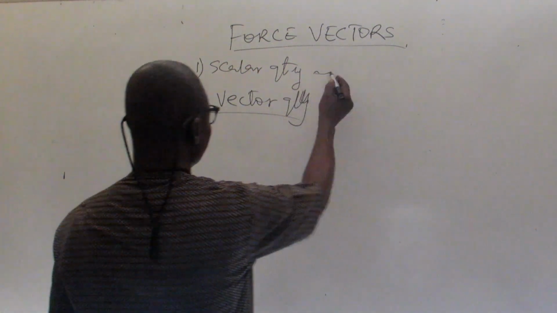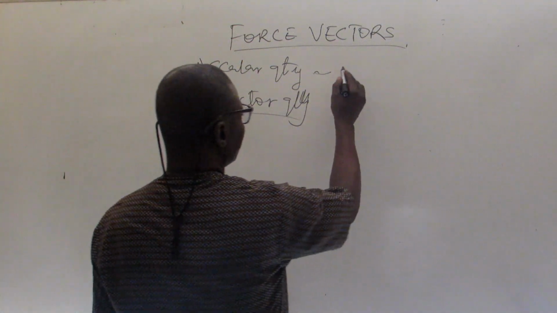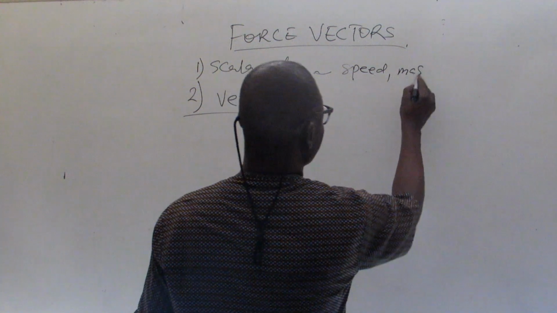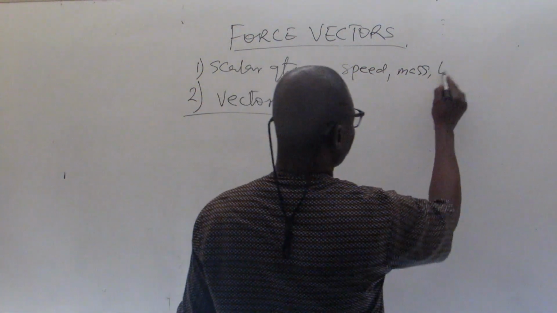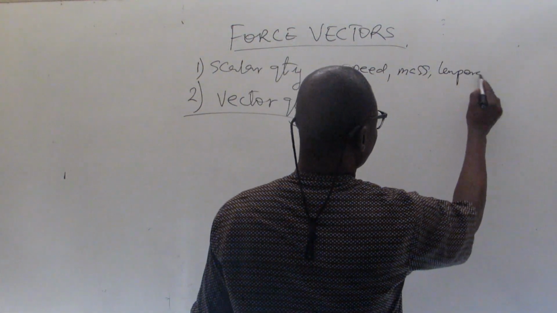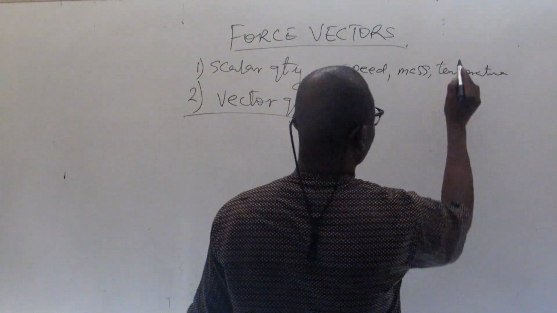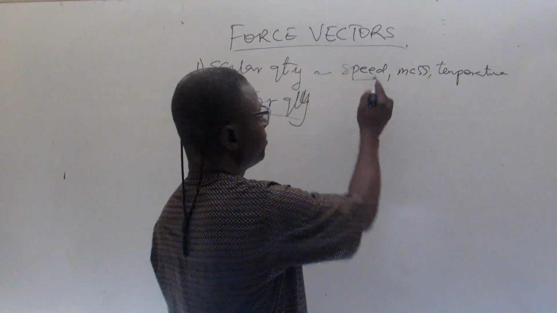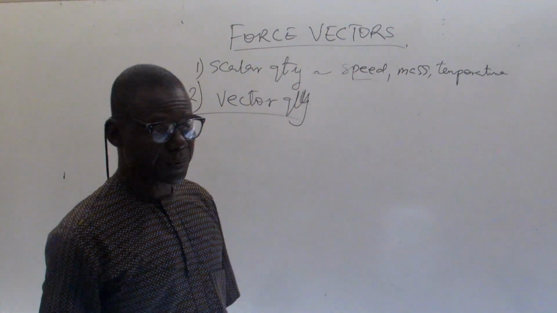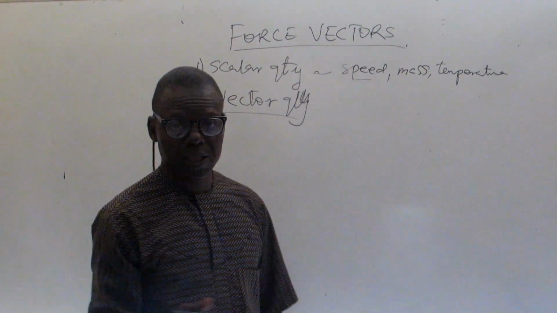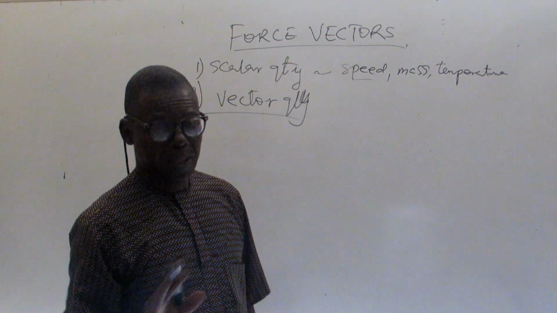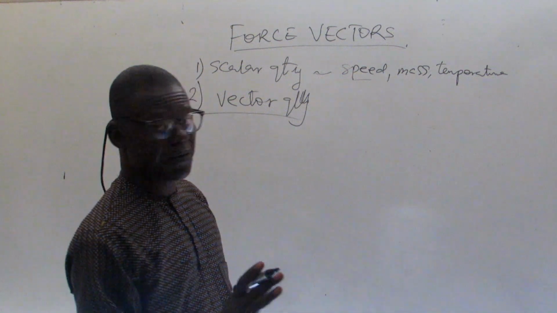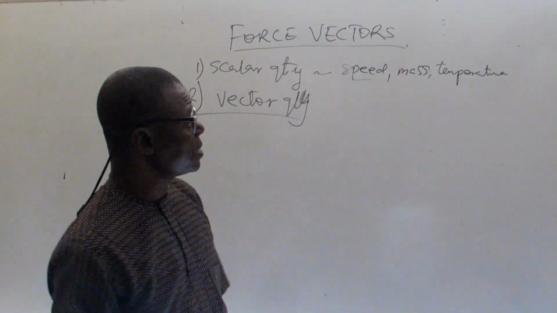For examples of scalar, we have speed, we have mass, we have things like temperature. These are scalar quantities, because speed is the rate of change of distance moved with time. That's all. No direction. Where is it moving? It didn't specify. Therefore, it is a scalar quantity.